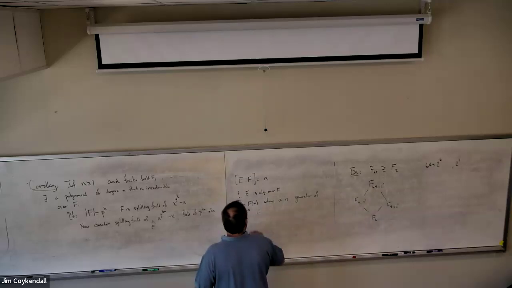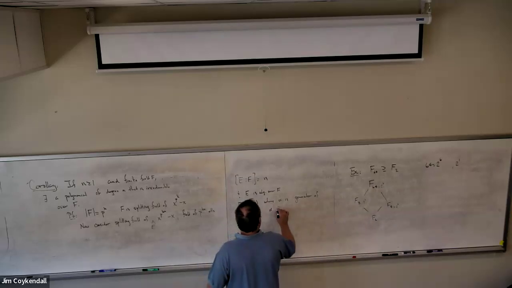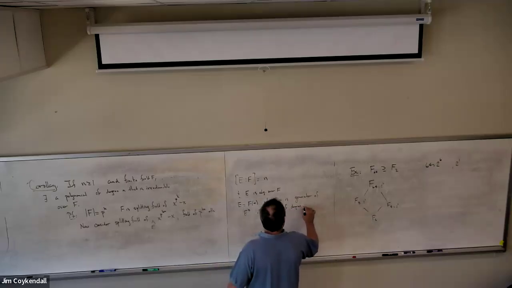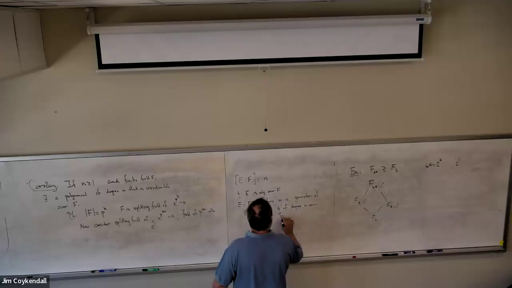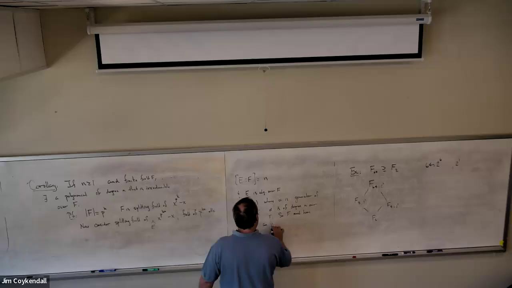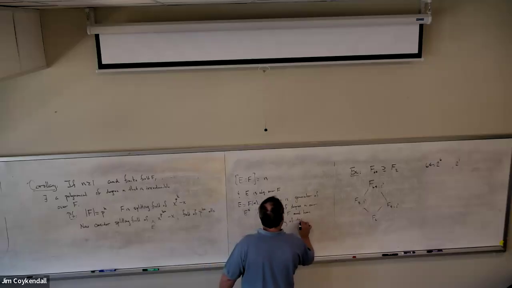Therefore, alpha is of degree n over F. So F must have an irreducible polynomial of degree n.